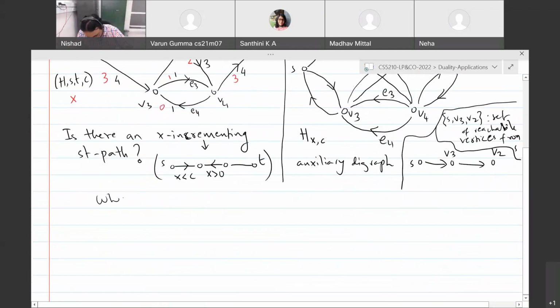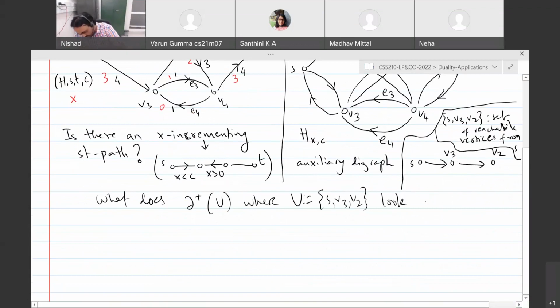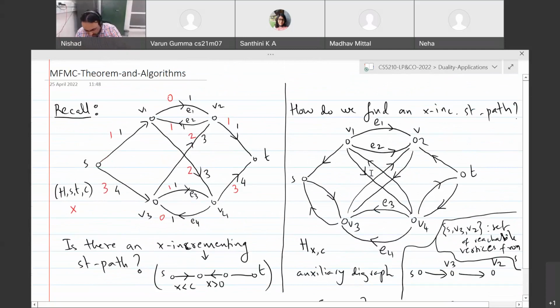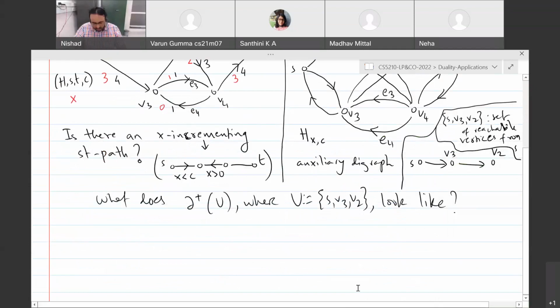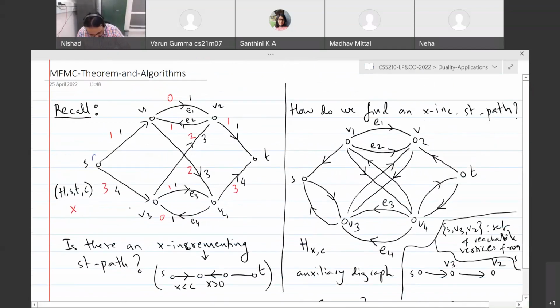What does the cut δ+(U), where U is equal to {s, v3, v2}, look like? Let's look at all the arcs that are in this cut. We want to go from s, v3 and v2 to the outside of this set, into the complement.